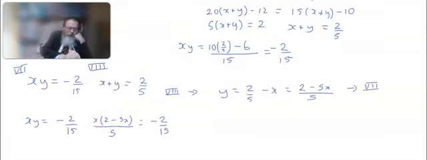So eventually I get this equation here, which says x times 2 minus 5x all over 5 is minus 2/15. So I'm going to multiply both sides of this by 15 and solve the resulting quadratic.